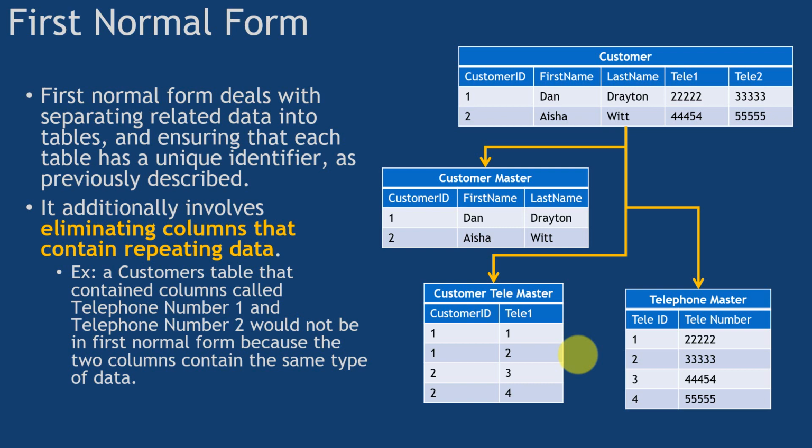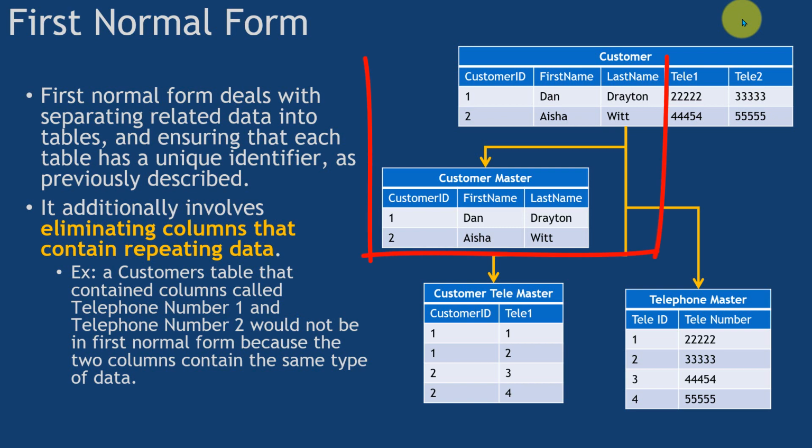Let's say we have a customer table which contains customer ID, first name, last name, telephone 1 and telephone 2 as five different columns. Here telephone 1 and telephone 2 are additional information for this customer. So what if we need one more telephone number? It is not a good thing to add multiple columns whenever we require. So for this, we need to split this customer master table into different tables.